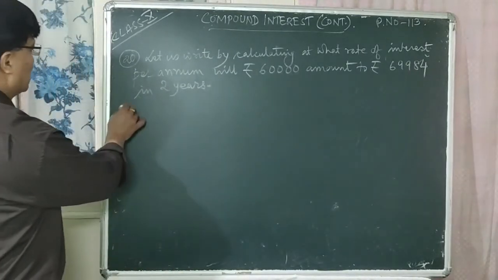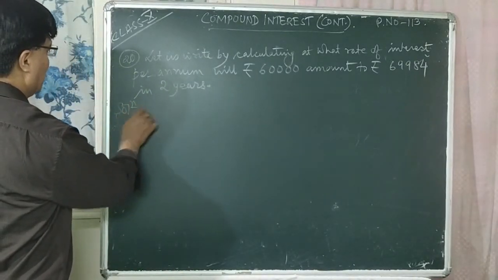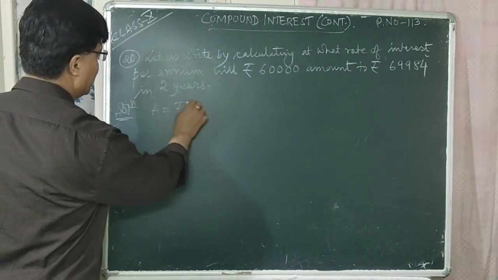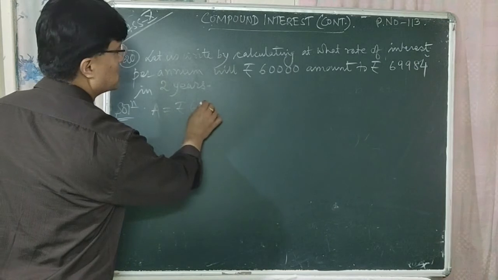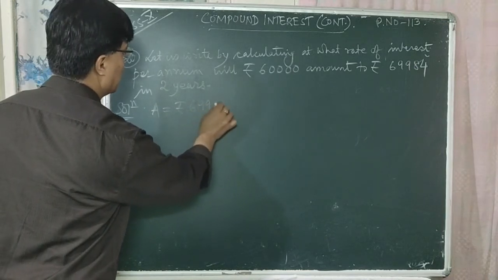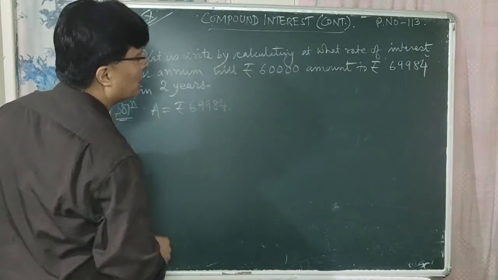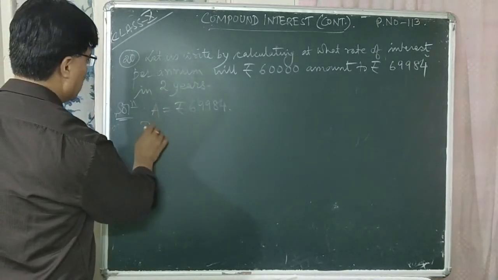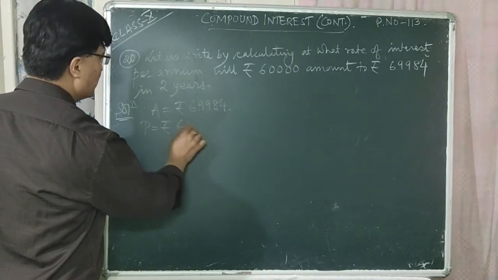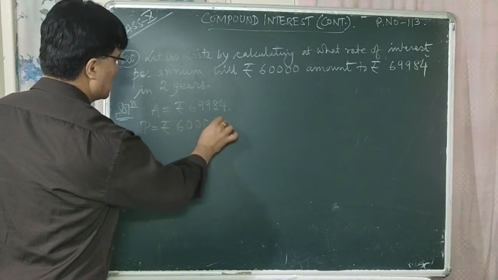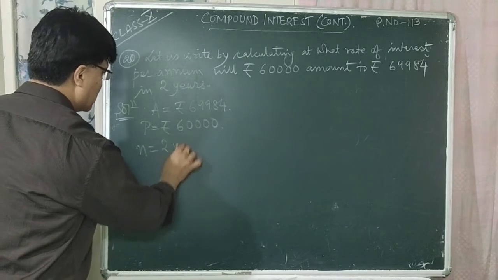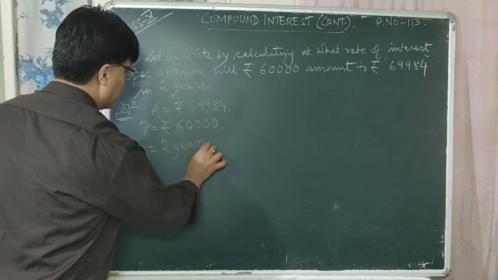So now solution. Here what is the amount? A is equal to rupees 69,984, that is the amount. And what is the principal here? Principal is rupees 60,000. What is the time here? N is equal to 2 years.